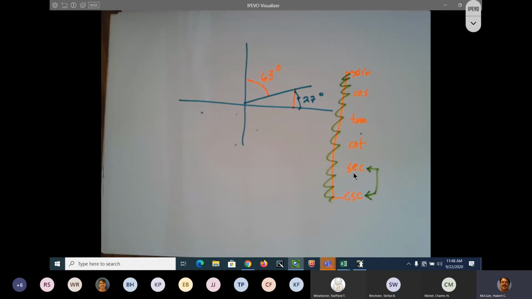If you start with cosecant, your answer is going to be secant. If you start with cotangent, it's going to be tangent. If you start with tangent, it's going to be cotangent. If you start with cosine, it's going to be sine. If you start with sine, it's going to be cosine. And then it's going to be the reference angle of 27.